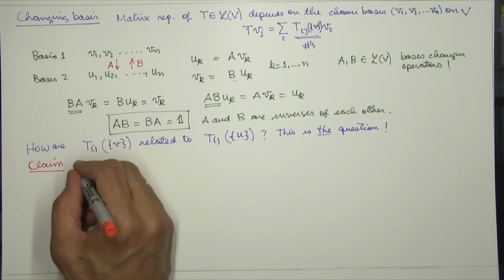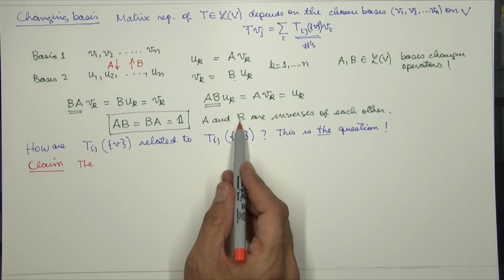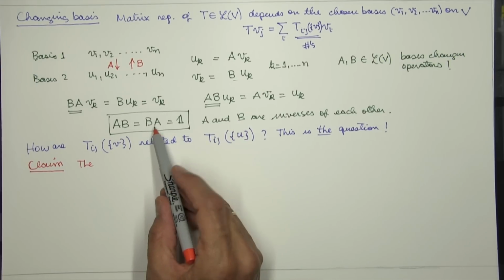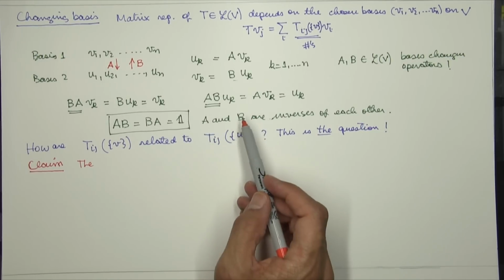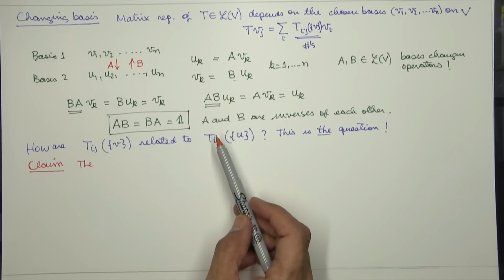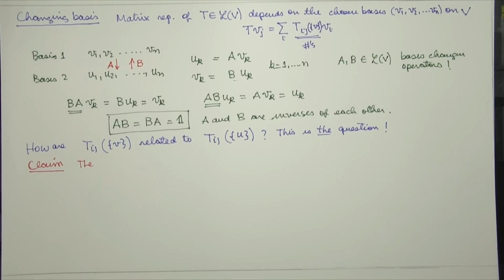I claim that the matrix representations of A and B, so when you try to think of A and B as matrices, you could say, okay, I'm going to think of them, they're linear operators, as matrices. So which basis should I use to think of them as matrices? And the wonderful thing is that it doesn't matter. The matrix representations of these operators, because they are basis-changing operators, agree in both bases.